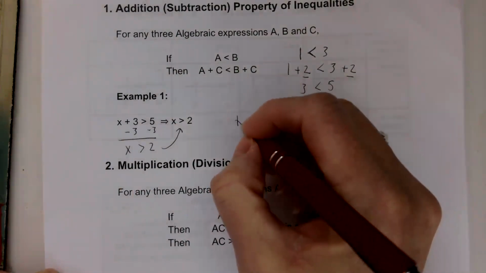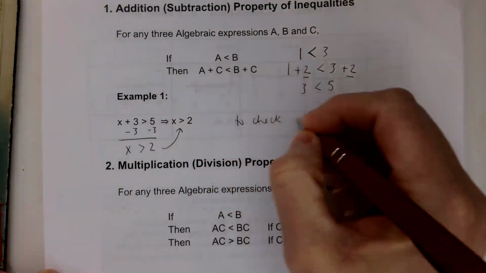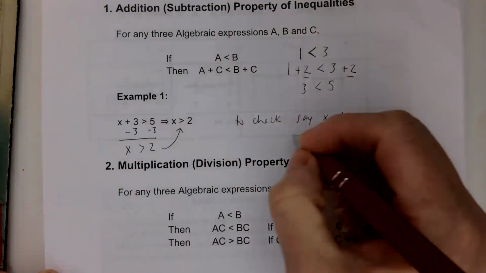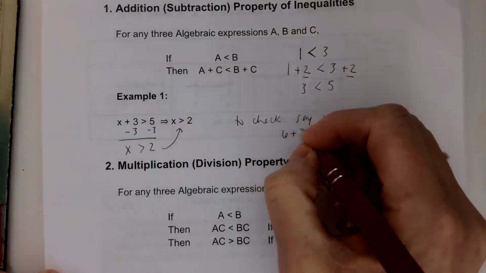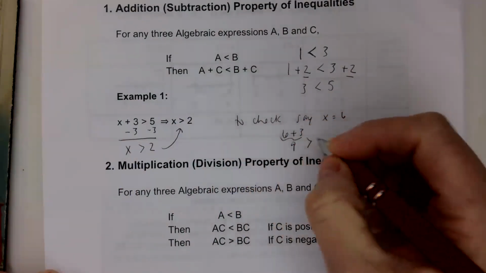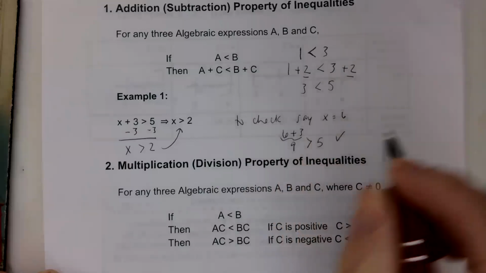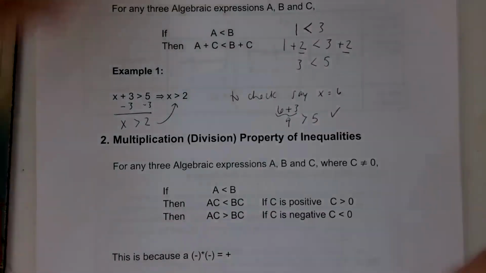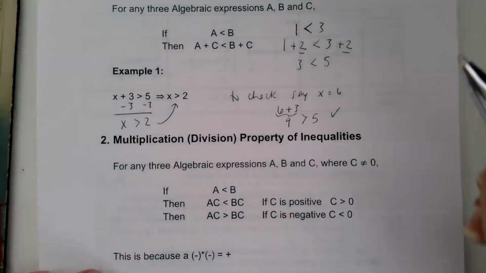So to check, let's say that x equals 6. So 6 plus 3 is 9, and that is definitely greater than 5. Okay, so anything greater than 2 is a solution.